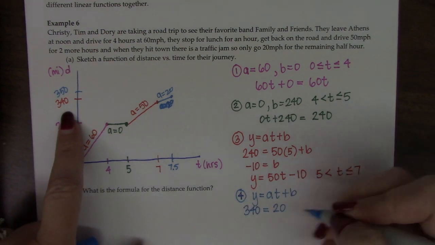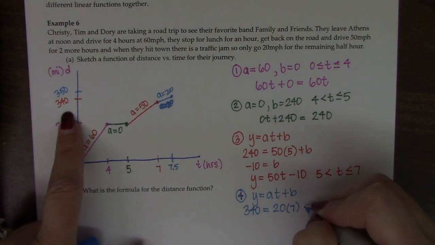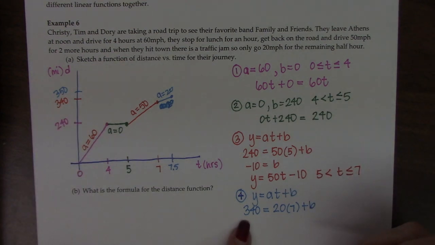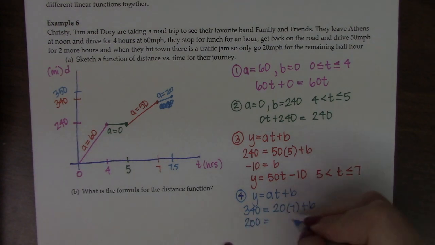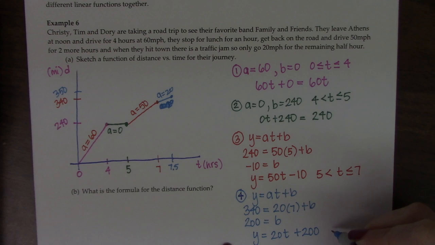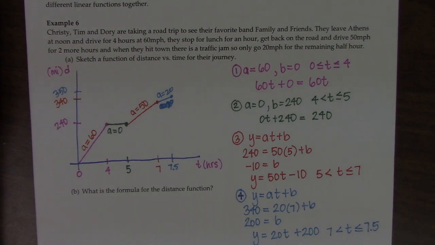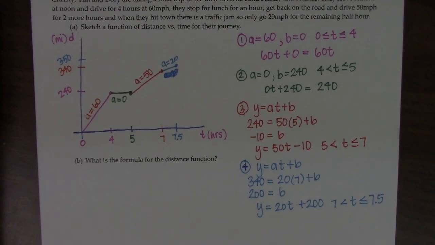So 340 when t is 7. And so 340 minus 140 gives me 200 equals b. So this line is y equals 20t plus 200, and this is good from 7 to 7.5. So once again, I included 7, so I don't include 7 down here.